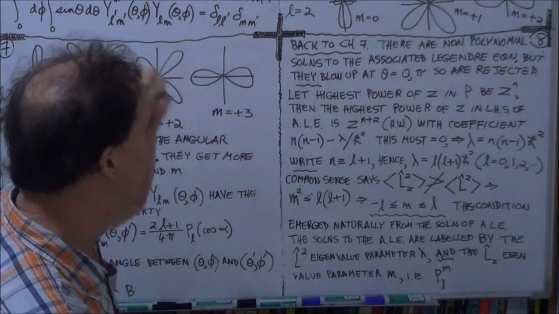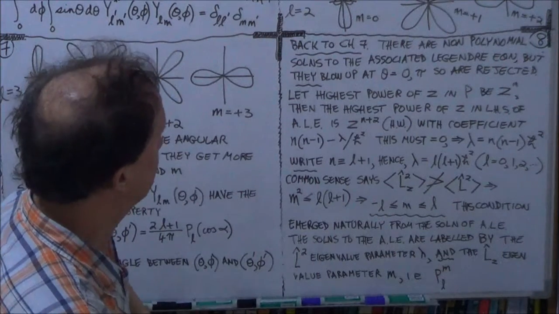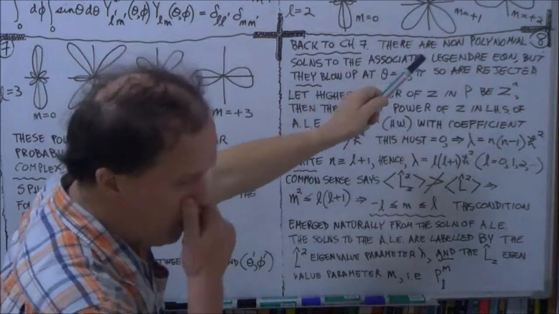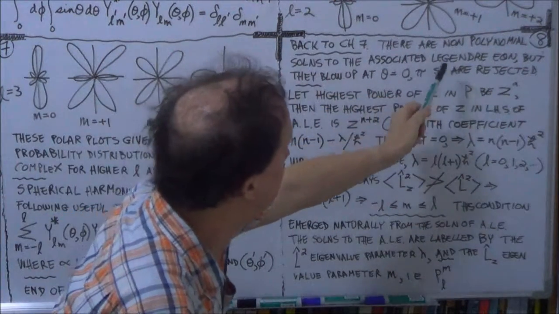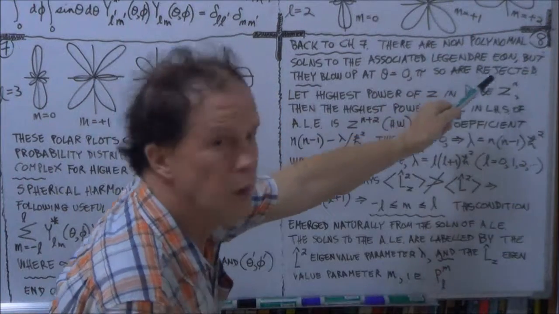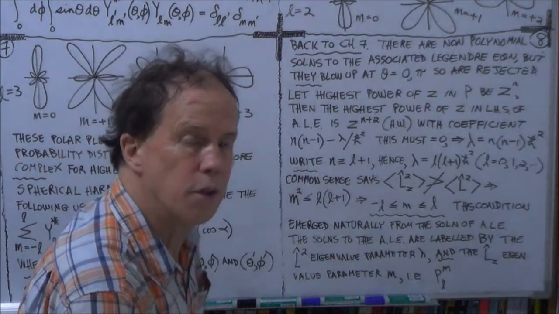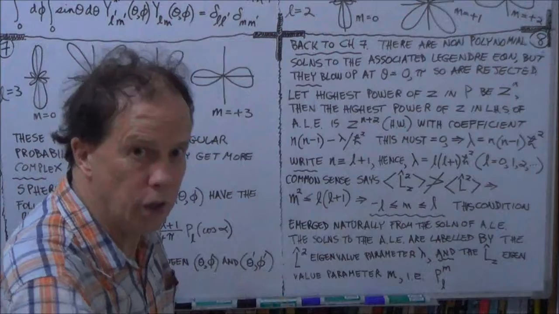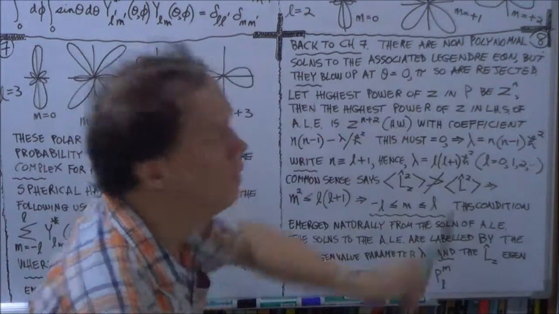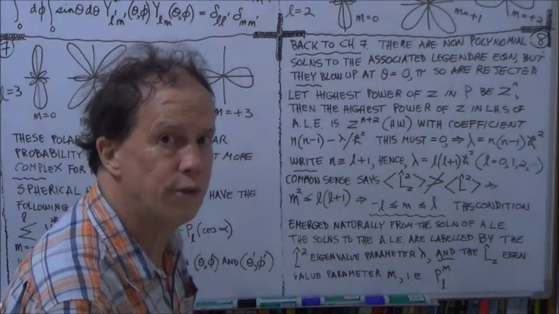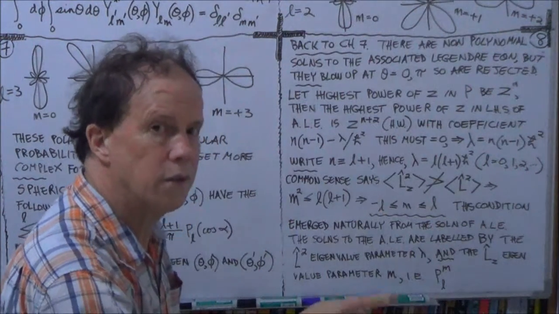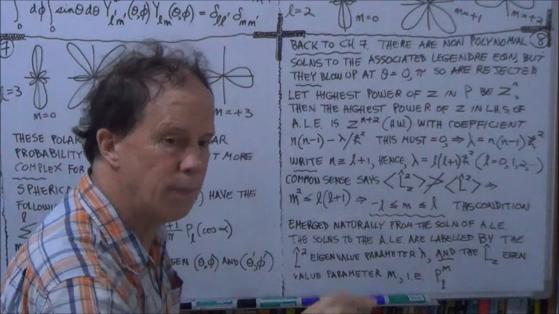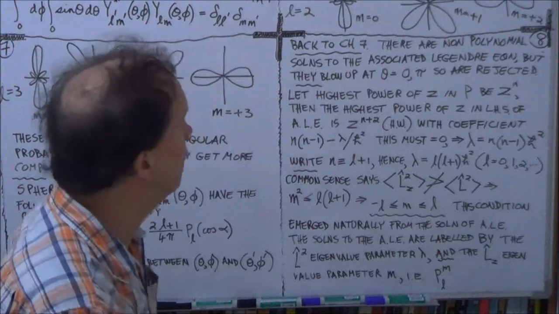Now, a bit of a comment here. You have your associated Legendre equation. There are solutions to it that are not of polynomial form. They do not take the form of a weighted sum of powers of x.